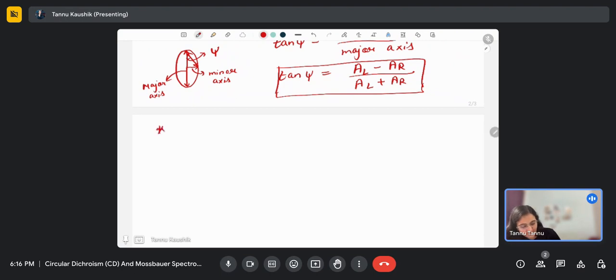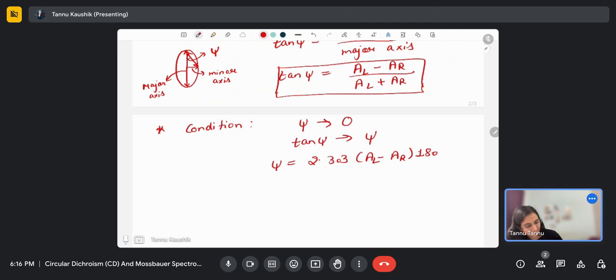So in the condition when this angle psi approaches 0, such that tangent psi will be approximately psi, and when we calculate it the value comes out to be (A_L minus A_R) times 180 degree by 4 pi.